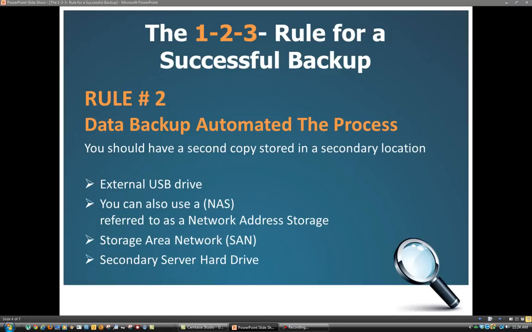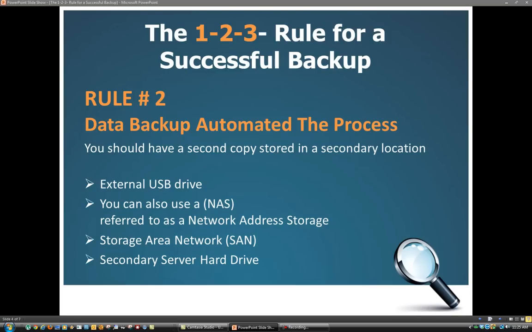So let's move on to rule number 3. We now have our original copy on our local machine, and a secondary copy backed up to your USB drive, your NAS, your SAN, or a secondary hard drive on your server. But this is not enough.